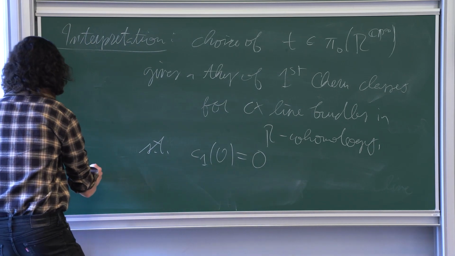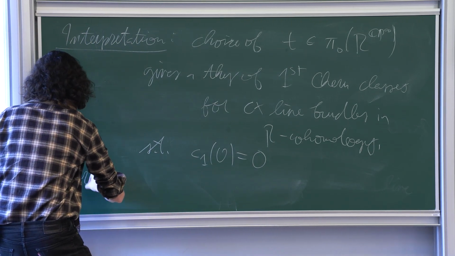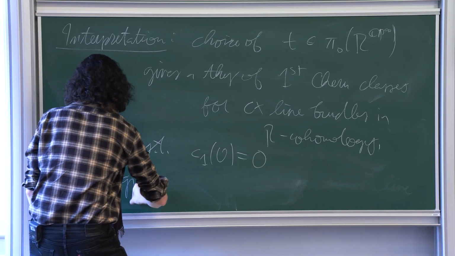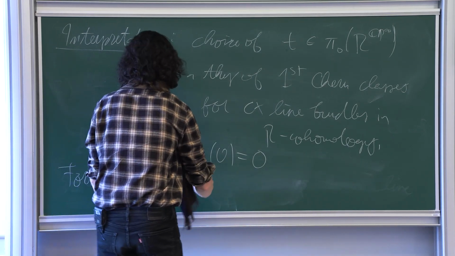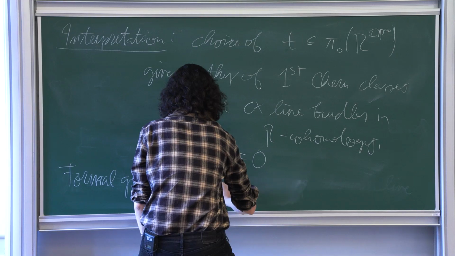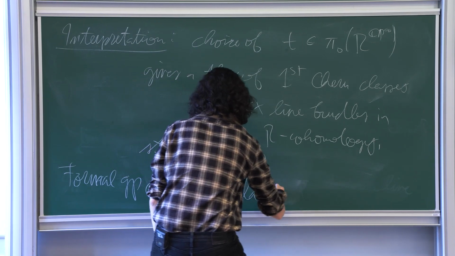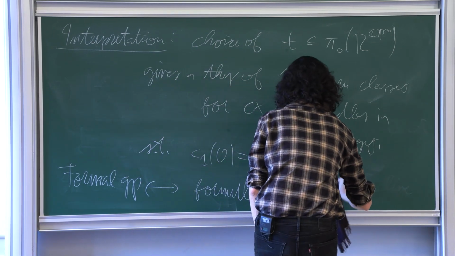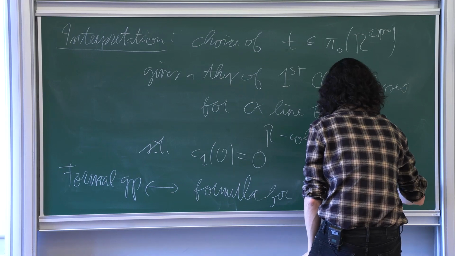And then the formal group law corresponds to giving the formula for the first Chern class of a tensor product of two line bundles.